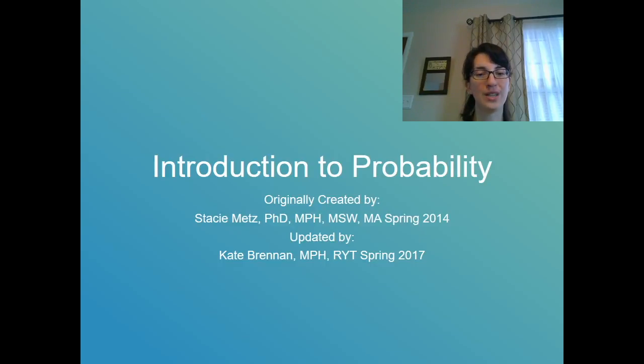So our learning objectives for this module are to describe basic concepts of probability, random variation, and commonly used statistical probability distributions, to distinguish between the addition and multiplication laws of probability, and to apply those to some different scenarios. We're also going to be computing a simple probability and explaining the relationship between probability and relative frequency.